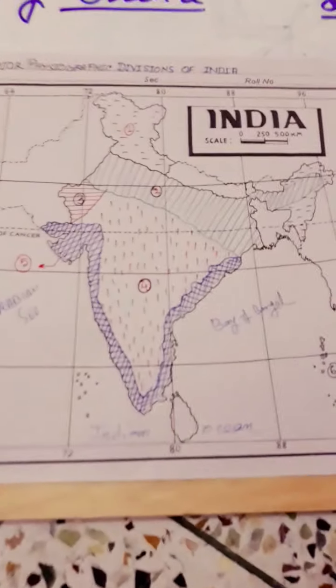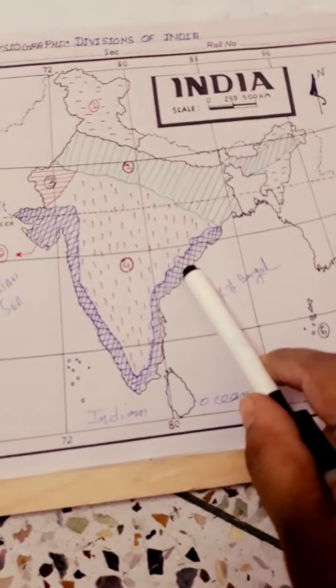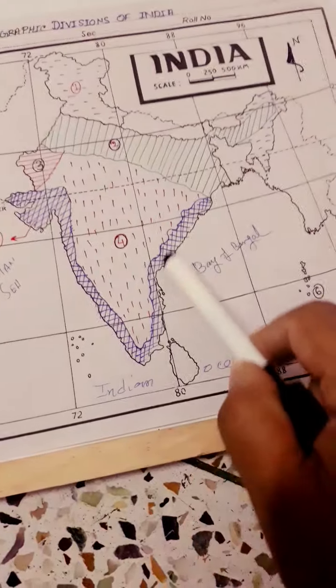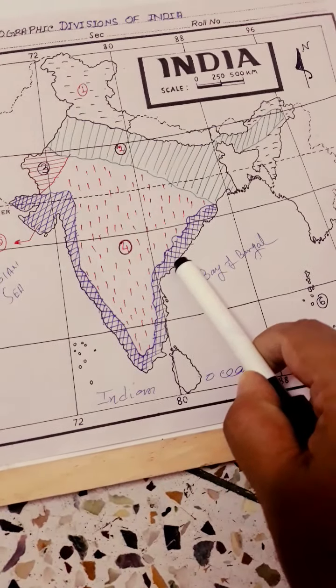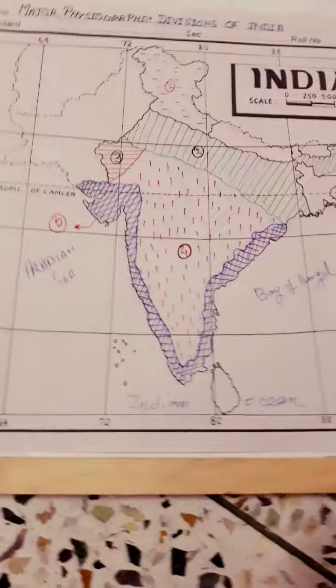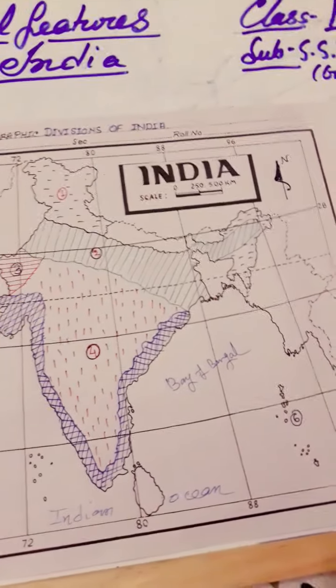If we look at the map, this portion which I have demarcated with the blue ink is known as the coastal plains.